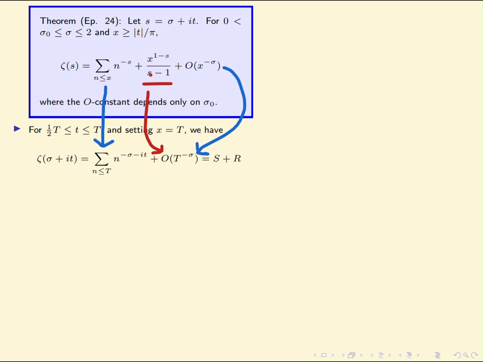So one is, if you think about s minus 1, s is sigma plus it. The sigma and the 1 are the real part of this, but it's small, it's bounded. The big part of it is that this thing has an it in the denominator.